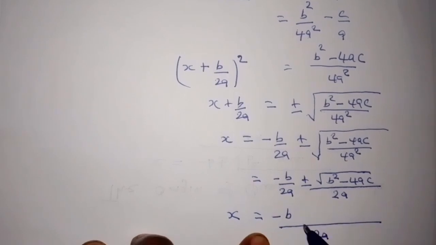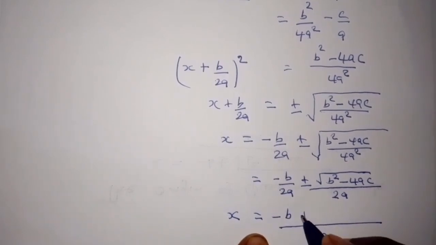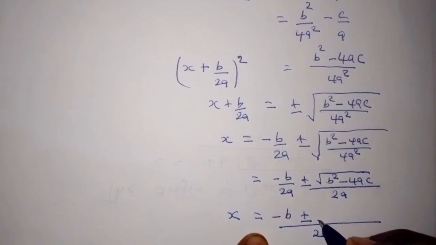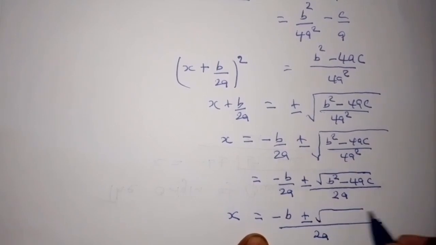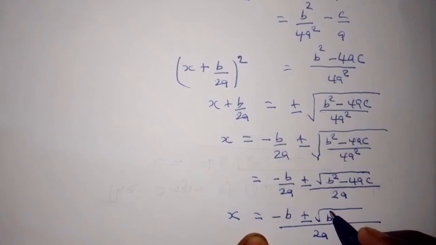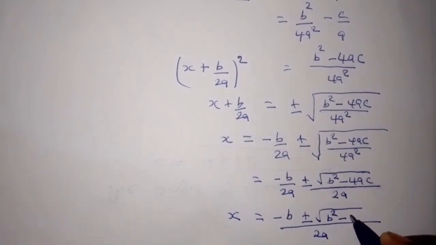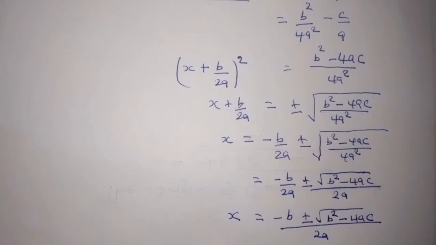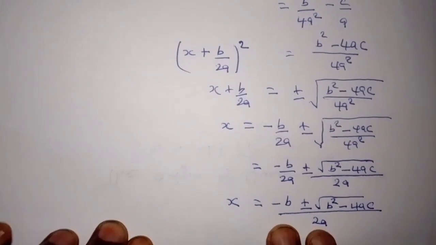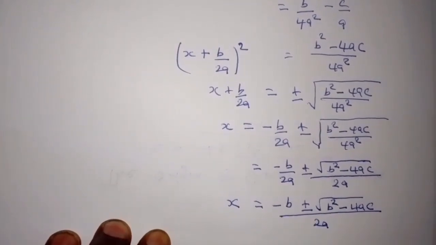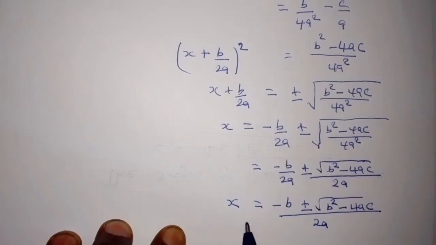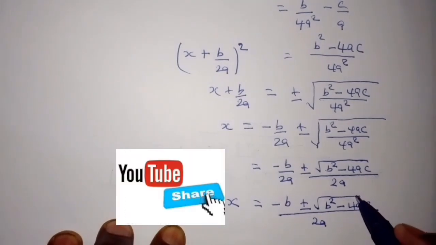So this is minus b plus or minus square root of b squared minus 4ac. So our quadratic equation formula will be x is equal to minus b plus or minus square root of b squared minus 4ac over 2a.